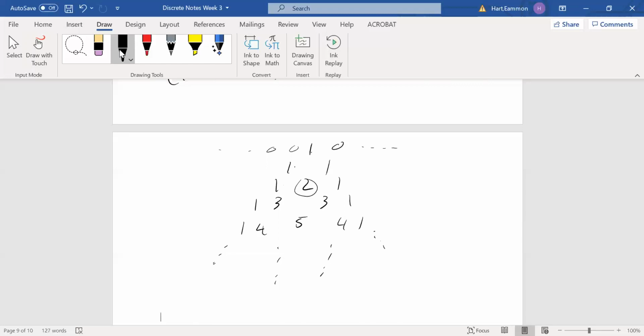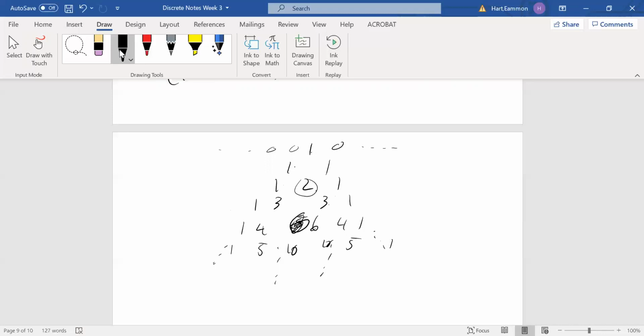Then I sum these two to get 3, and the 1s stay on the outside. Then the same thing here. 3 plus 1 is 4. 3 plus 3 is 6, not 5. That's what I get for distracting myself. We would keep going. We would get 10, 10, 5, 5, 1, 1, and so on.